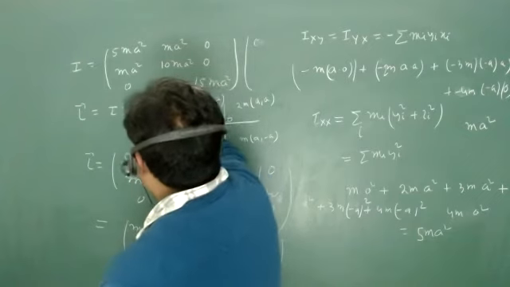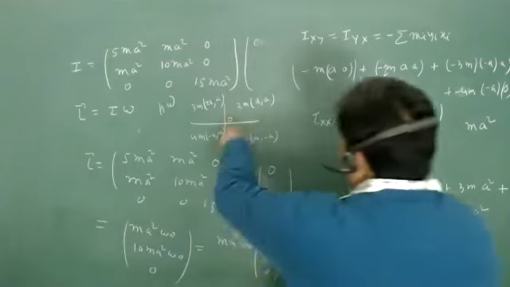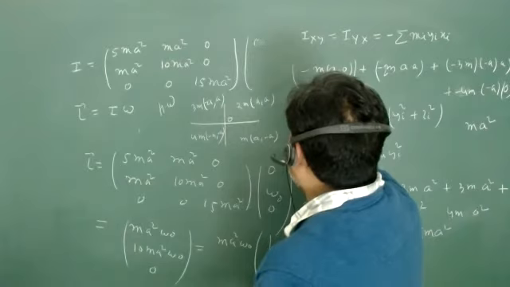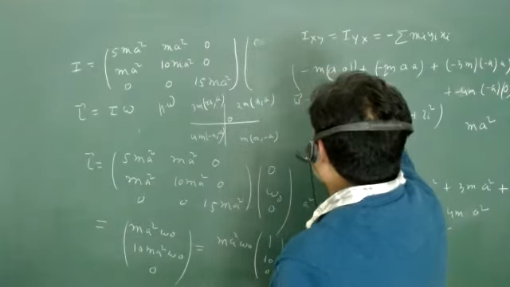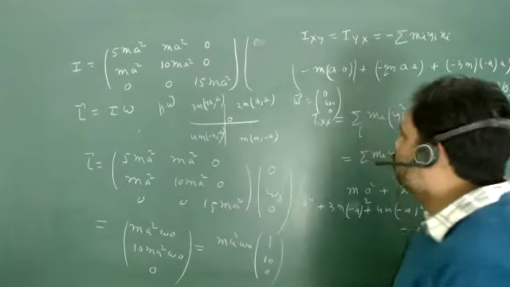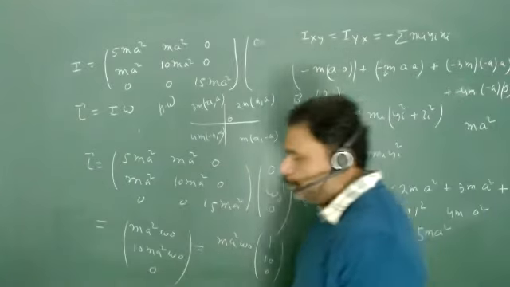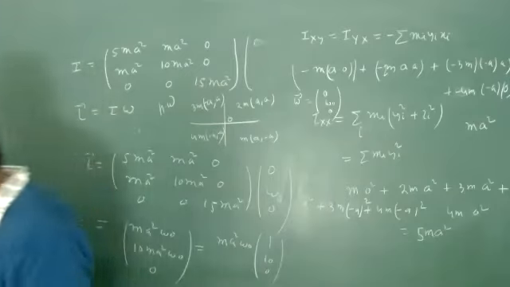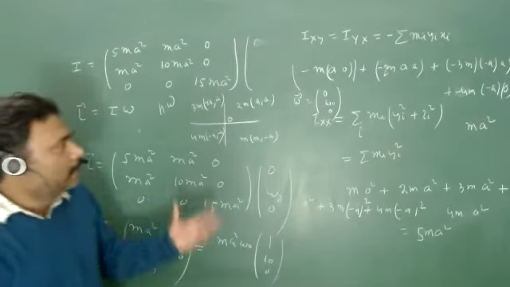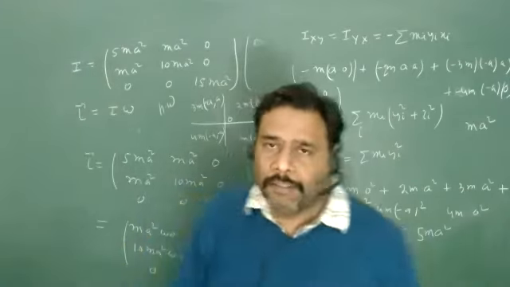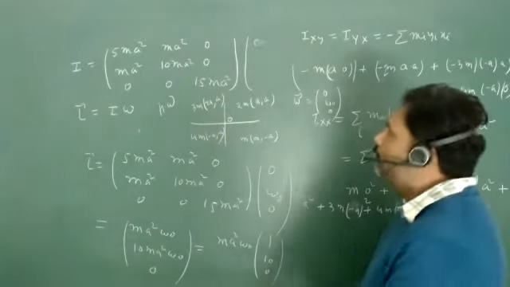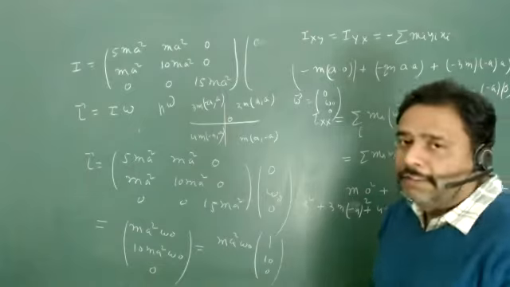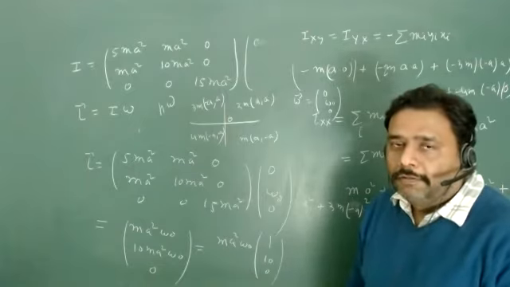Just try to calculate the moment of inertia tensor and rotate with angular velocity 0, omega not, 0. Let's see what you are getting. Are you getting the same thing or something different? Are these diagonal terms or off-diagonal terms? You have to just try to figure it out.